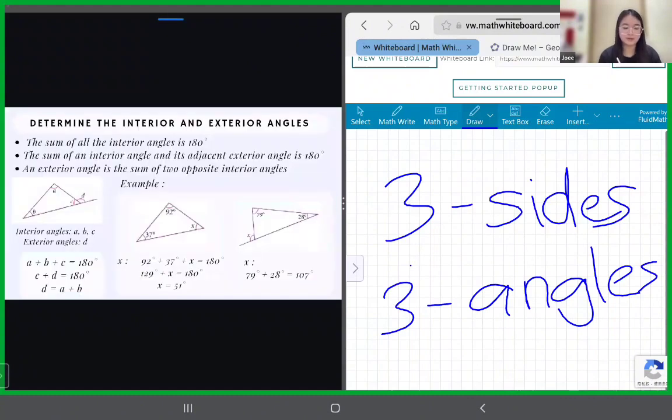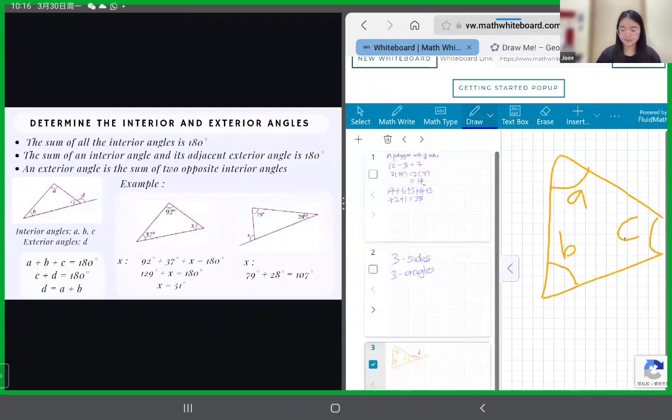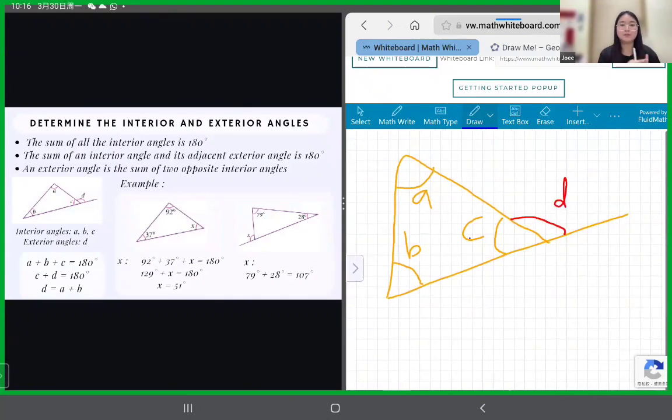So last we will see how to determine the interior and exterior angles. First you need to know what is considered an interior angle and what is an exterior angle. Angles inside the triangle we call interior angles, which are A, B, and C. Outside the triangle, we call it the exterior angle, which is D. Okay, so after you know interior and exterior angles, we will learn how to find the angle.